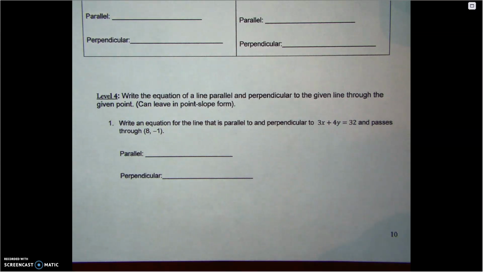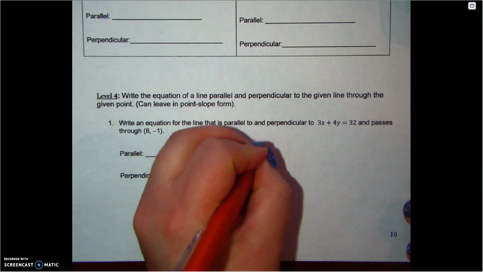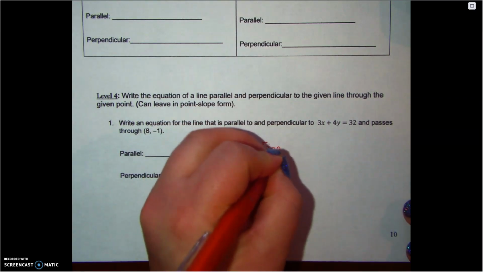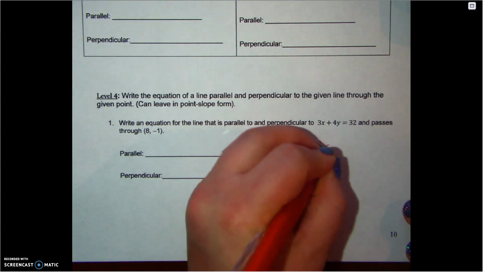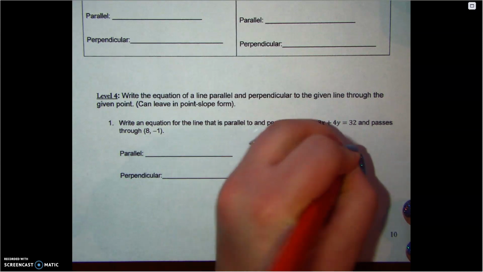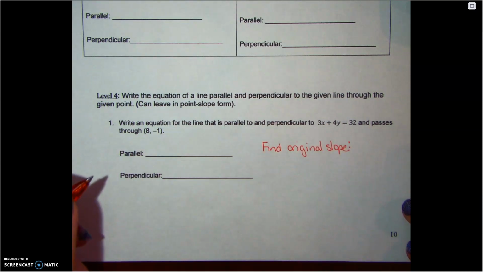So to write an equation for a line that's parallel and perpendicular, remember we had 3 steps in level 3. We had to first find the original slope. And that's true in this one as well.